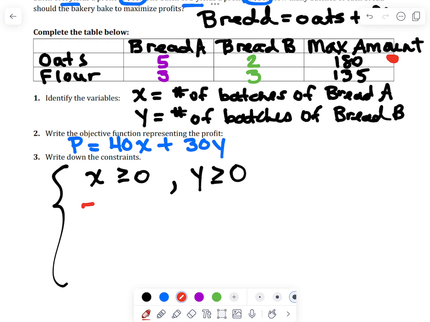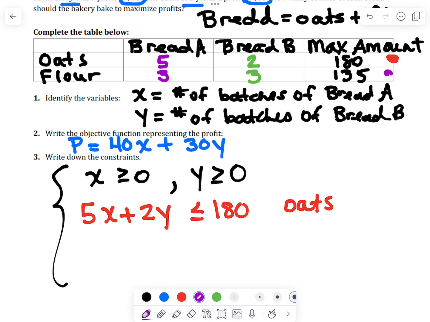So we say 5x plus 2y has to be less than or equal to 180. So that's the restriction on the oats. Then we have the restriction on the flour. 3x plus 3y less than or equal to 135, and that's on the flour.